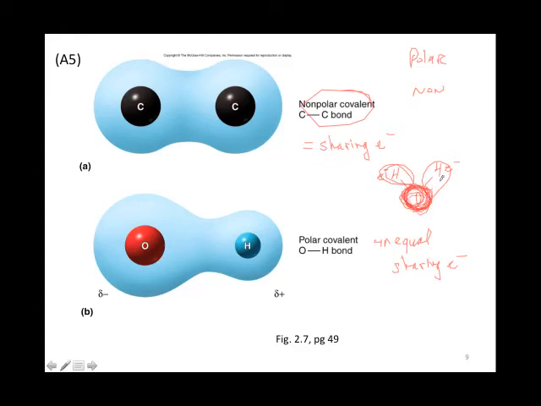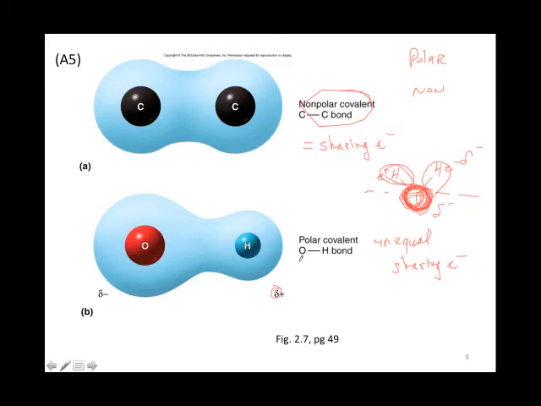As a result, the location of the molecule where the electrons are spending more time ends up with a slightly negative charge. The area where the electrons are not spending as much time ends up with a slightly positive charge. And that's what this little Greek letter, I believe that's a Greek delta, represents. This has a slight negative charge, this has a slight positive charge.